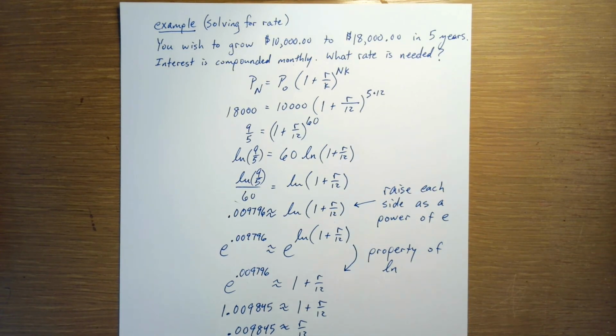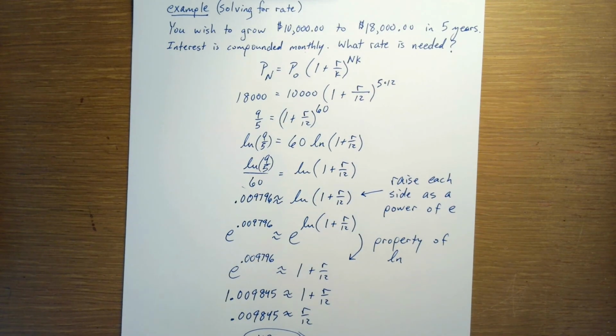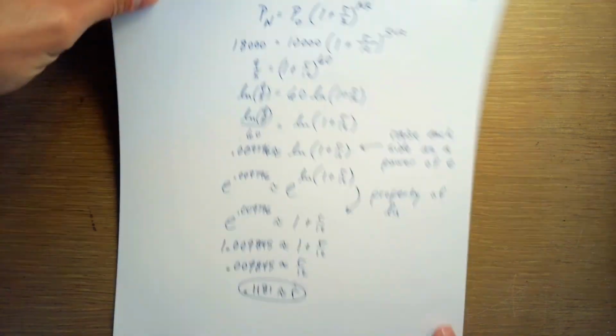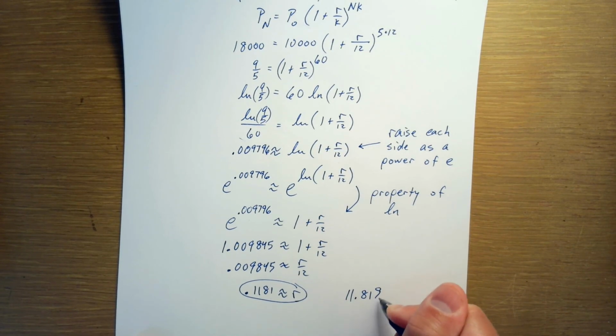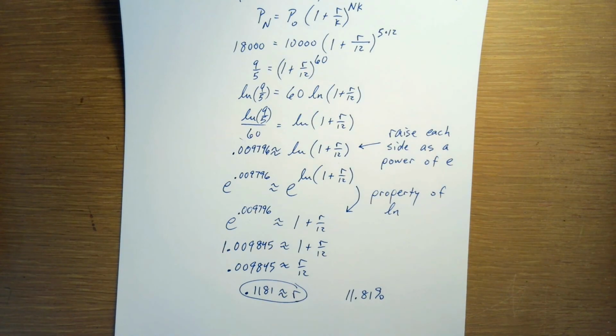So it's a fairly involved process. And remember, r is an interest rate, so that's about 11.81%. That's the interest rate that we would require to grow $10,000 to $18,000 in 5 years, compounded monthly.